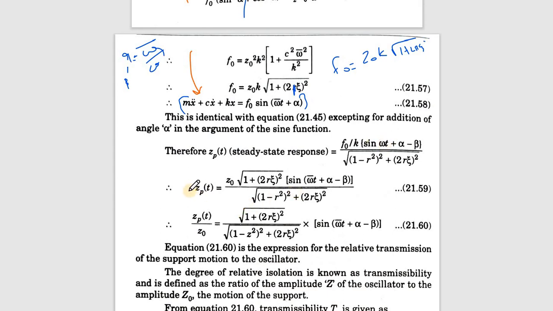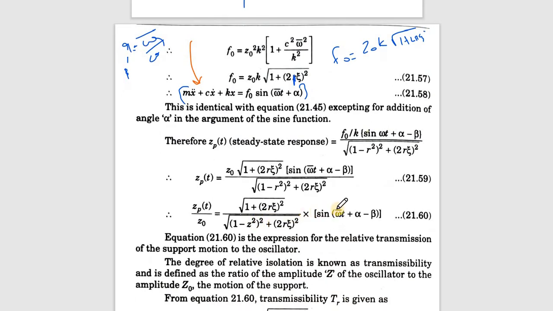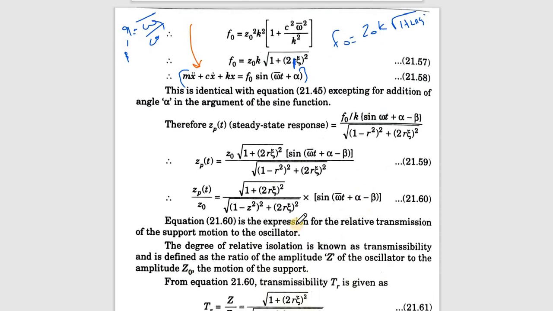So Zp, the steady state response, is equal to Z0 into, in f0 we have found out as this, the same I am substituting here. So I will be getting an equation. Now I am taking Z0 to the left: Zp by Z0 is equal to root of 1 plus 2 r theta squared divided by 1 minus r square the whole square plus 2 r theta squared, into sine omega dash t plus alpha minus beta. This is the expression for the relative transmission of support motion.